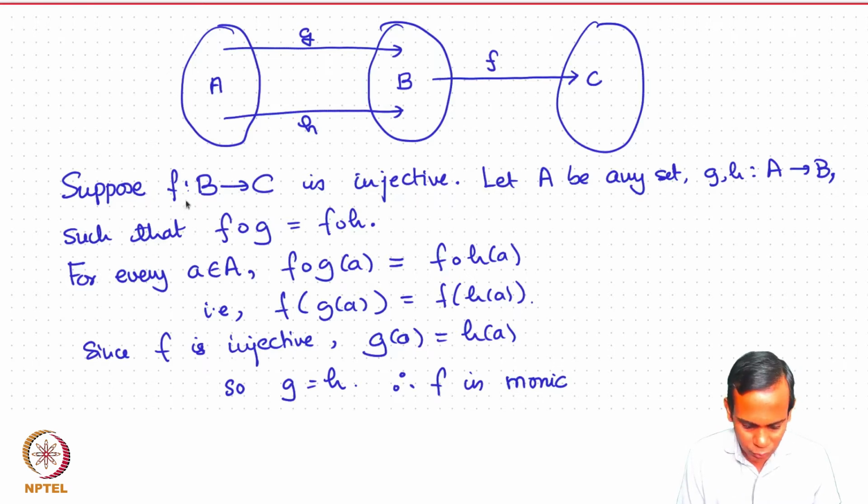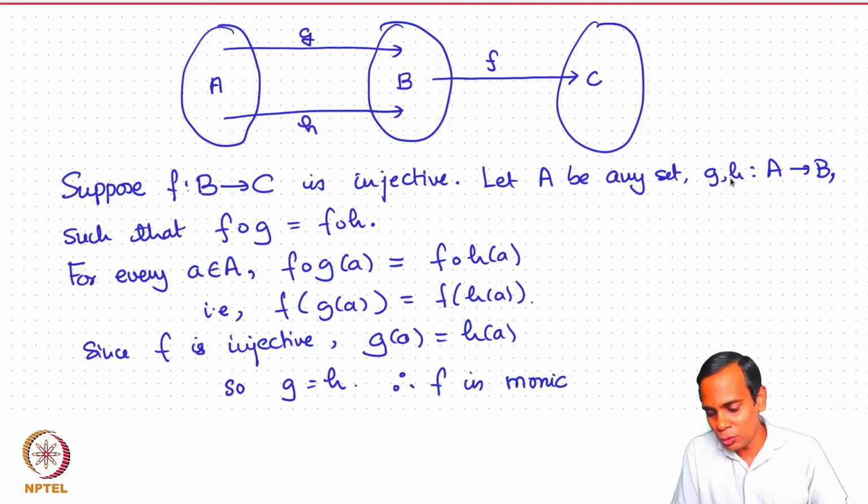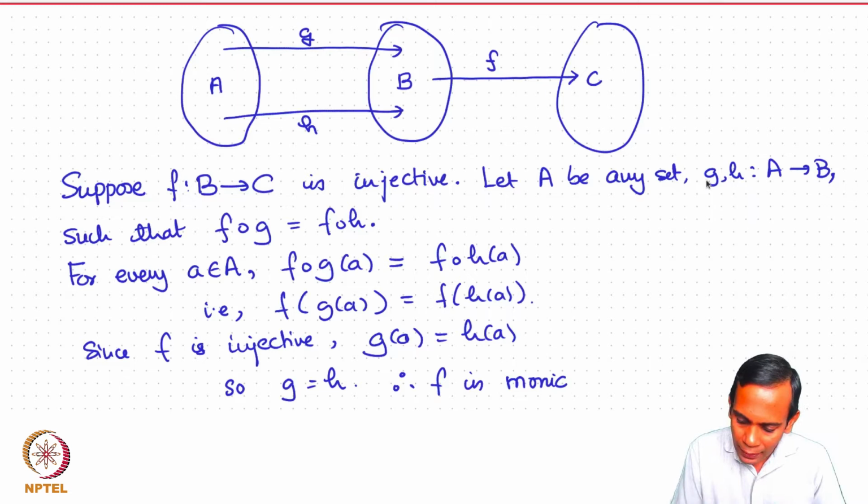Suppose F is injective. F could be an injective group homomorphism, but it's injective as a function. And we have G and H, arrows in the category, maybe in the category of groups or rings or whatever. They would satisfy some additional conditions, but they would still be functions such that F circle G equals F circle H.